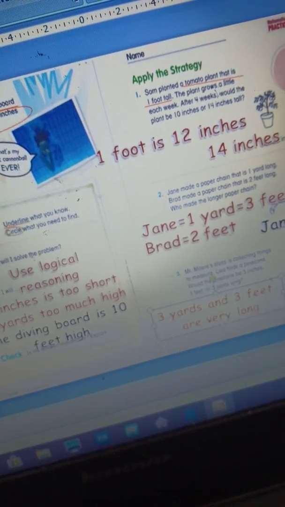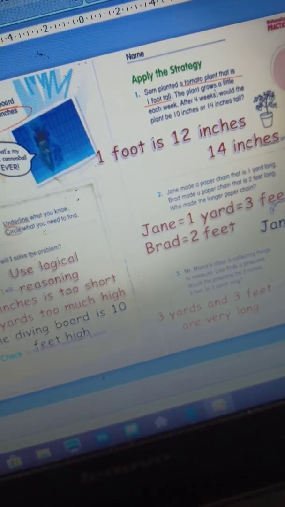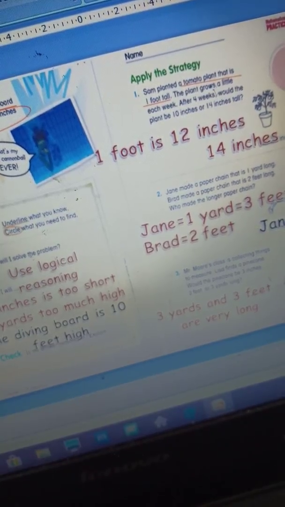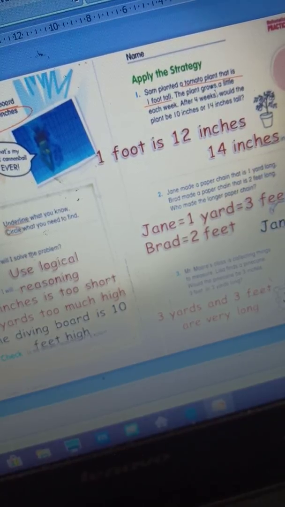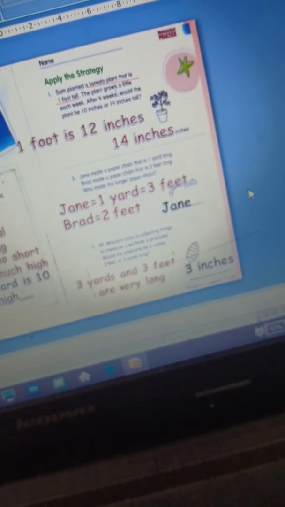Okay, so what does it mean? That the pine cone is only 3 inches. Very good. Why 3 inches? Okay, look.